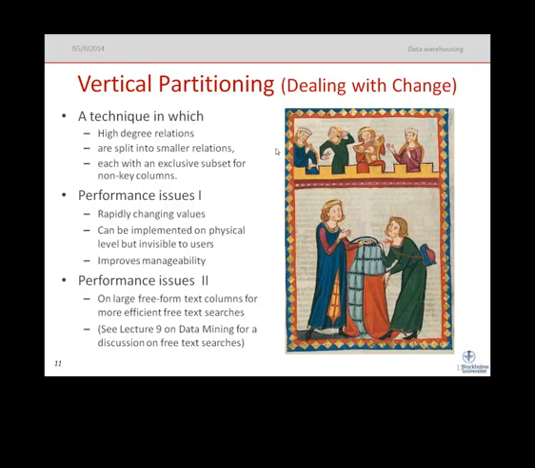So here we won't have the same non-key columns. The attributes will be different in the two tables. And performance issue 1 deals with this vertical partitioning.